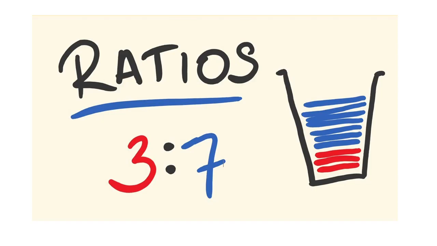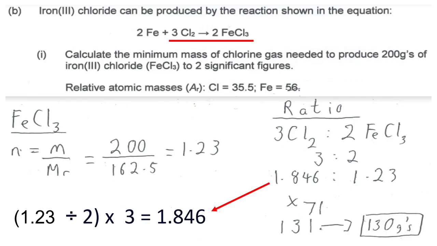Next, as higher level students, they'll probably ask you questions with ratios, which involves one extra step, okay? So as you can see here, there's a 3:2 ratio in the question. Calculate the minimum mass of chlorine gas needed to produce 200 grams of iron chloride to 2 significant figures. Step 1.